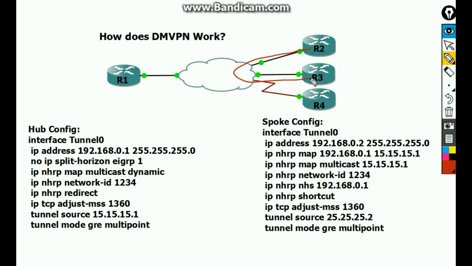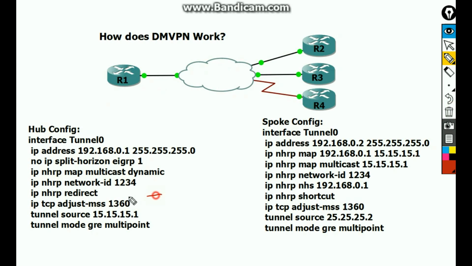It doesn't have to always go through the hub and then back down, because if router 1 goes down, that's a bad solution for hub and spoke. But in phase 3 of DMVPN, spokes can dynamically send traffic directly to other spokes. That's the whole point of DMVPN phase 3, spoke-to-spoke connection.